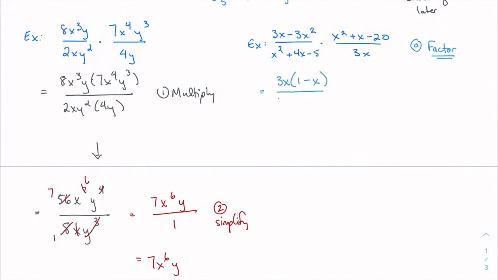So that's going to be x plus 5, x minus 1. In our second numerator, factors of 20 that add up to 1, it's going to be positive 5 and negative 4. And then my 3x, fortunately, does not simplify.